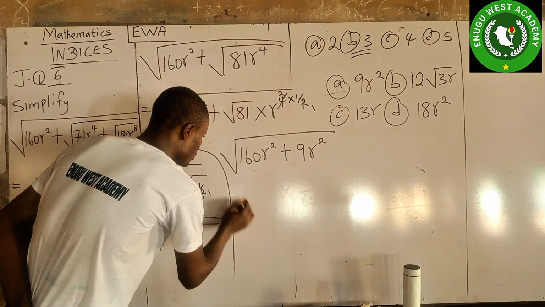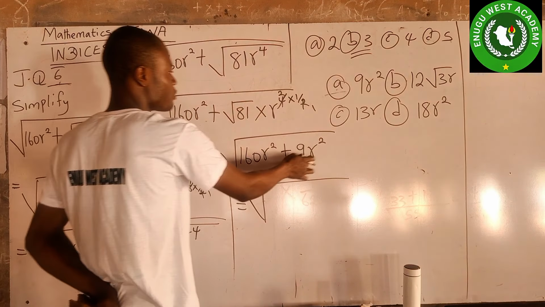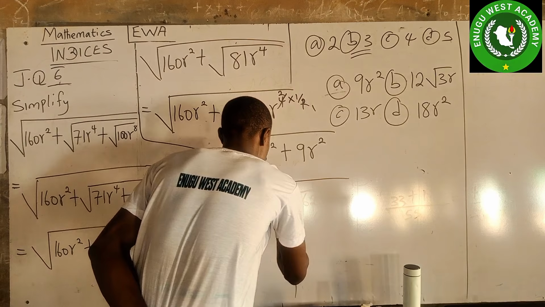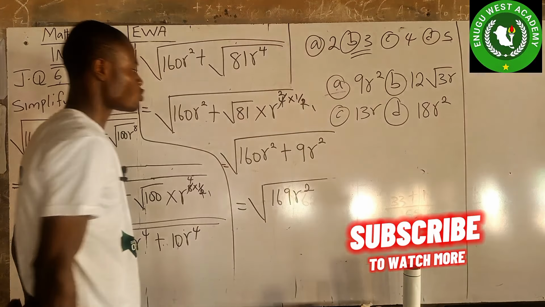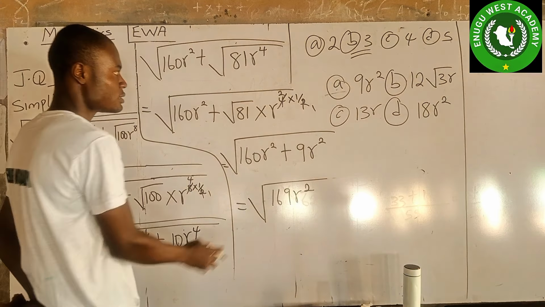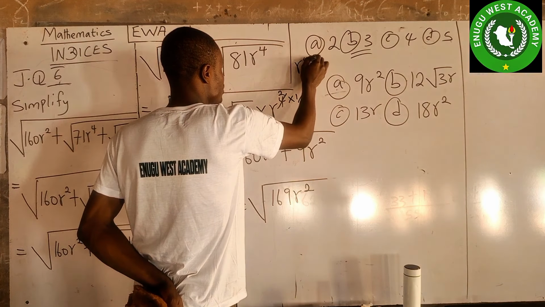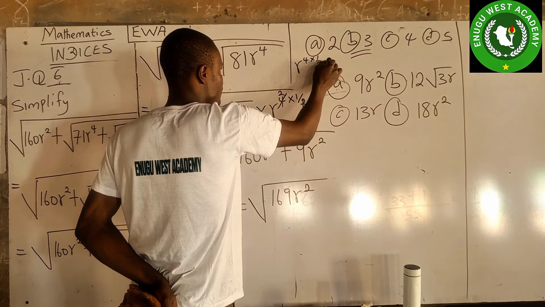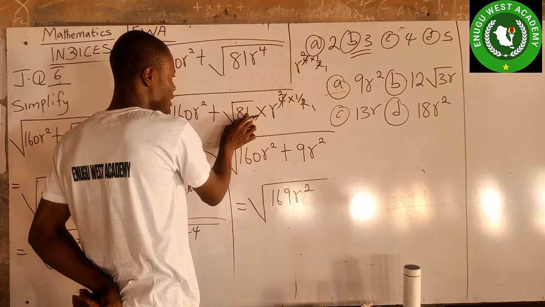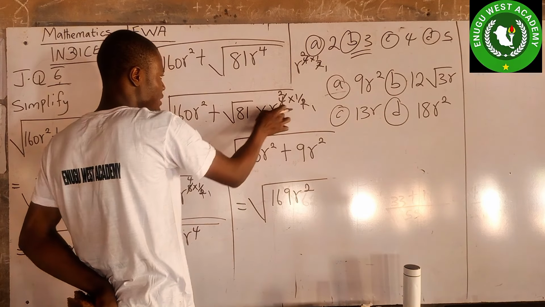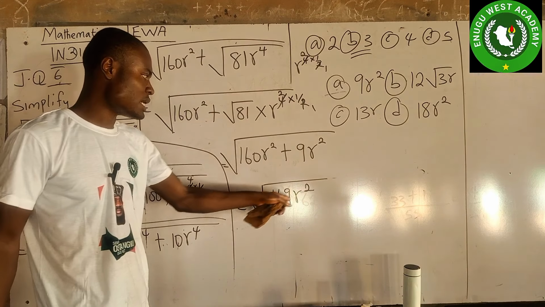So which will be equal to, now 160r square plus 9r square will give us 169r square. Remember what I did here? We have r raised to power 4 times 1 over 2. 2 cancel itself is 1, cancel 4 is 2. You have r raised to power 2. Now the 81 here is 9, 9 times r square, 9r square. So we are now having 160r square plus 9r square.